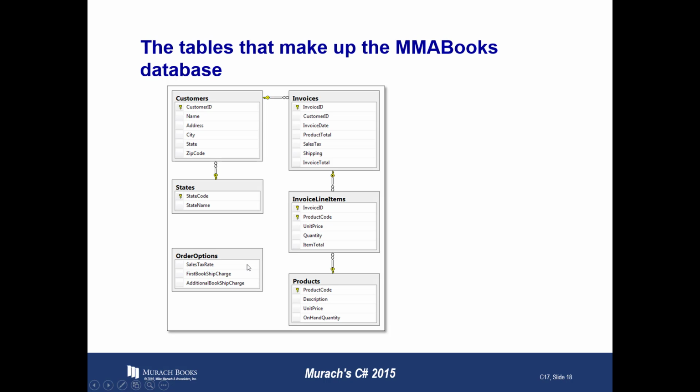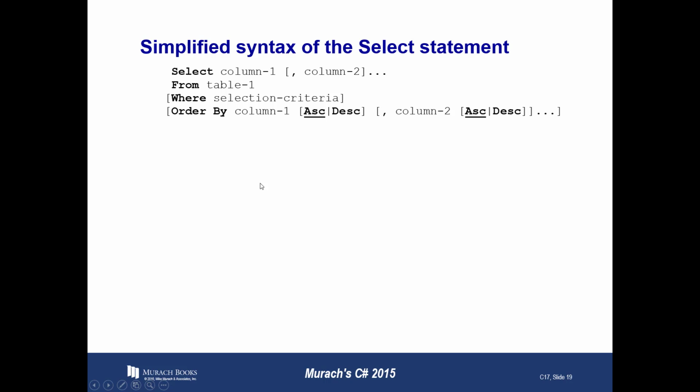And you've got this order options table, which is kind of an island unto itself. You'll notice there's a key, and then it looks almost like a number 8. The key is the one side. The little 8 is an infinity symbol, which means many. So there is a one-to-many relationship. Every one state can have 0, 1, or more customers from that state, for example.